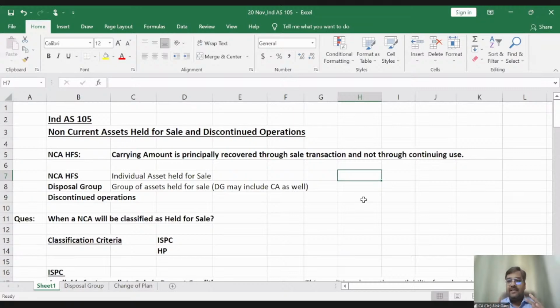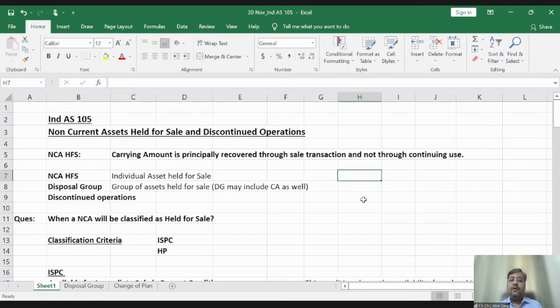But yes, in a disposal group, one non-current asset is mandatory. If there is no non-current asset in the disposal group, that group will not be covered under Ind AS 105, right? So at least one asset should be a non-current asset in the disposal group, right?